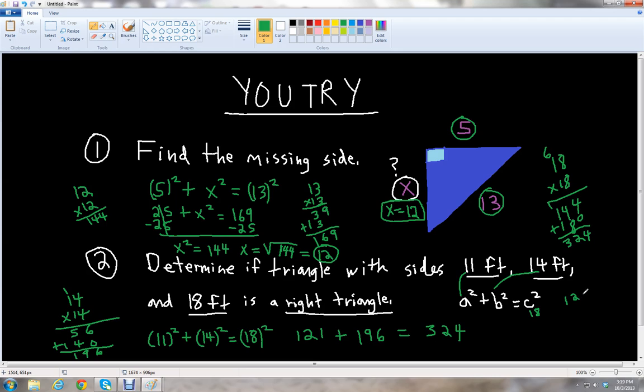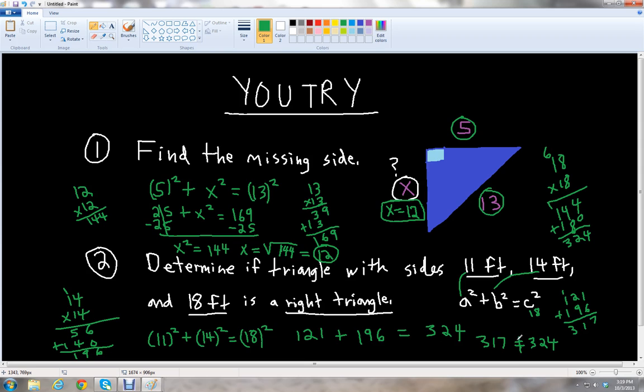So we'll add that to the side here. 1 plus 6 is 7, 2 plus 9 is 11, carry the 1, 1, 1's 2, 2, 1's 3, 317. But 317 does not equal 324.